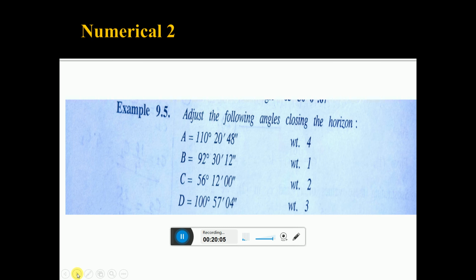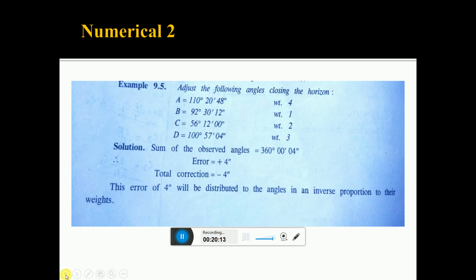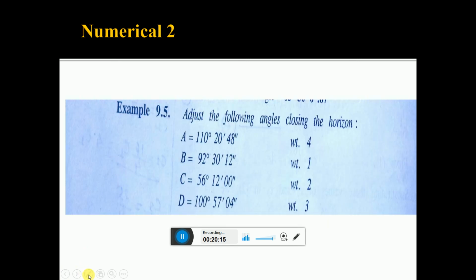First, do the sum of the observed angles. Compare this sum with the theoretical sum. So, how to compare with the theoretical sum?